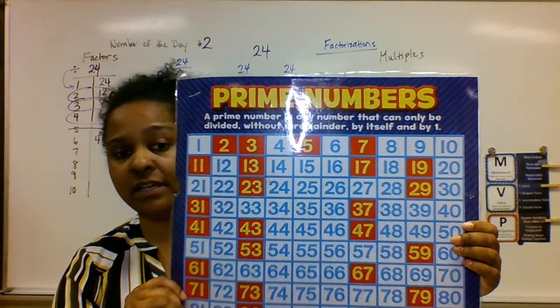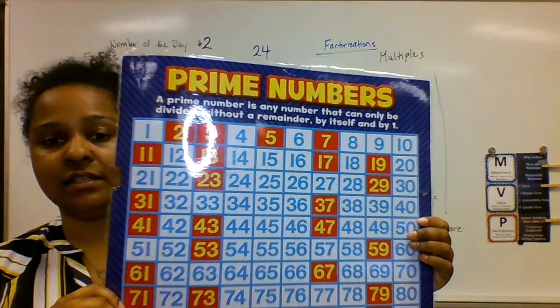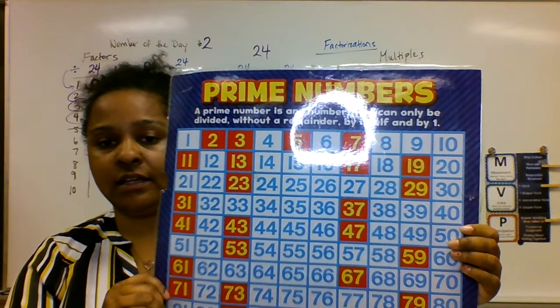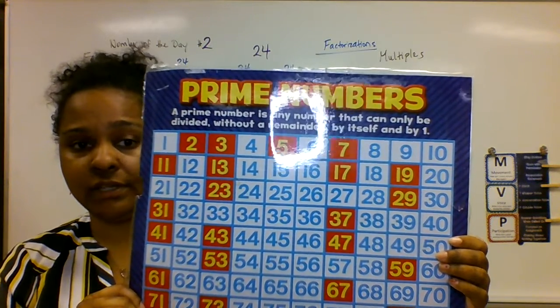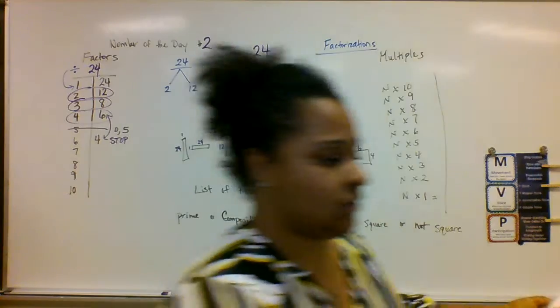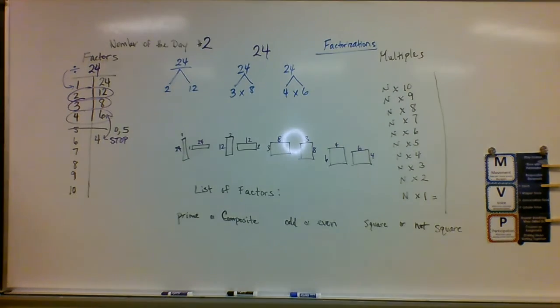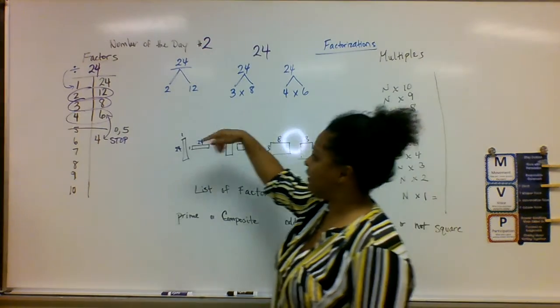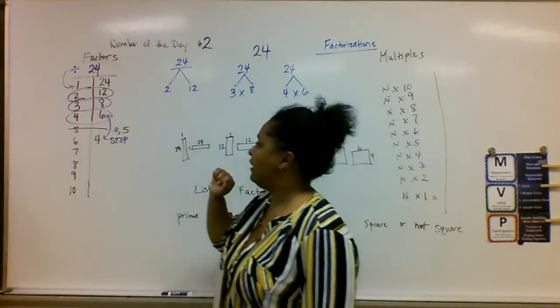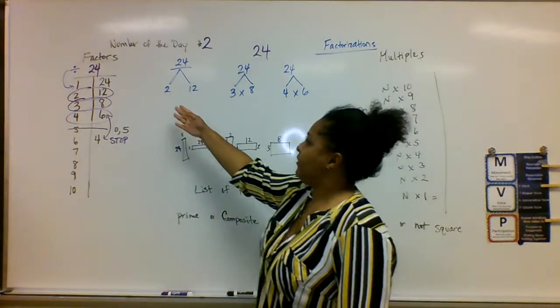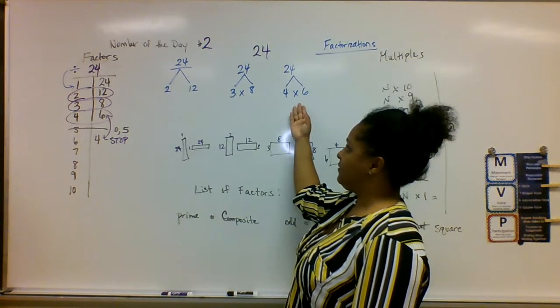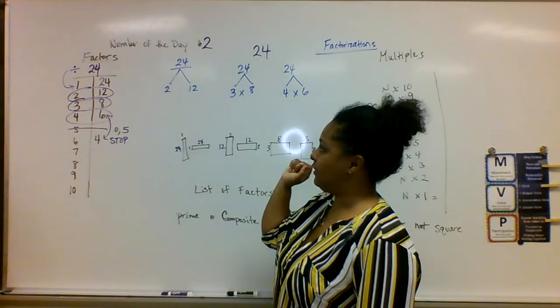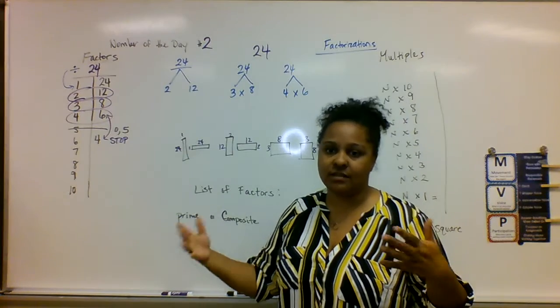It's neither prime nor composite, actually, because it only has one factor, which is 1. So when you are doing your factor tree, notice there's 3 different ways you can start out, even though there's 4 factor pairs. You only have 3 factor pairs that you're going to make your factor tree from, because you're not going to use 1 because 1 is not prime.